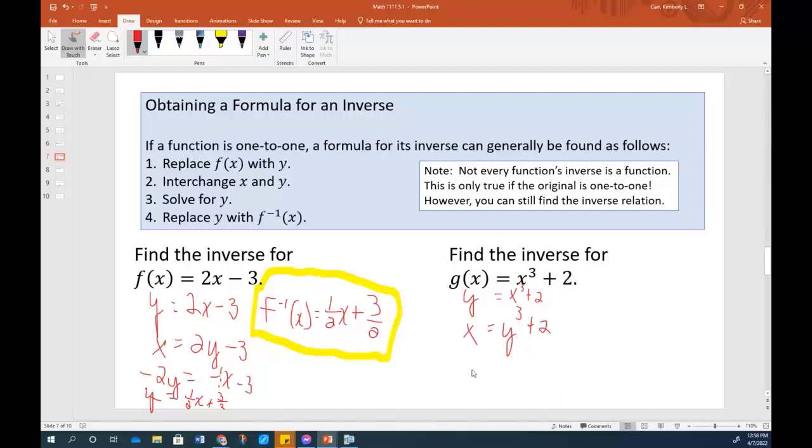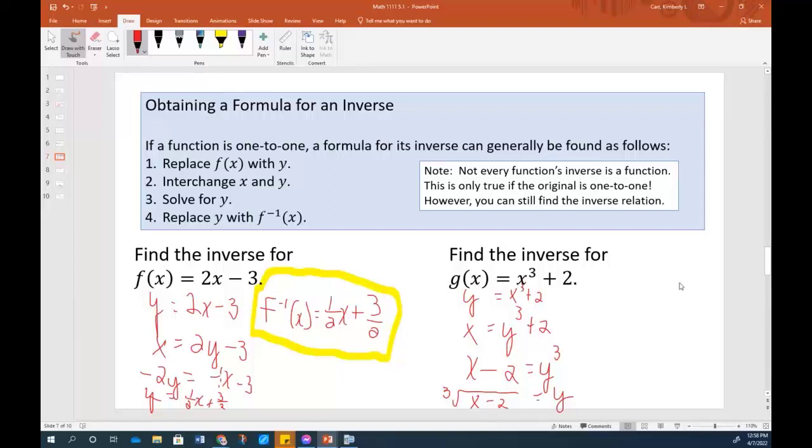This time I'm going to take this 2 to the left. It doesn't really matter if you're taking things to the left or to the right. So I'm just doing one way, and this one will do the other way. But I still want to finish this by taking the cubed root to undo that cubed. So I have the cubed root of x minus 2 is equal to y.